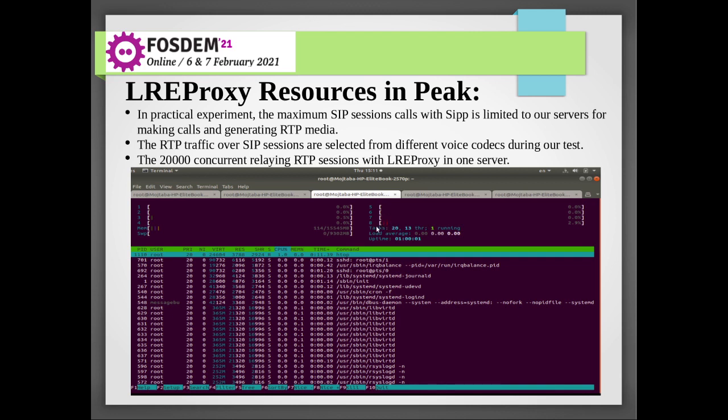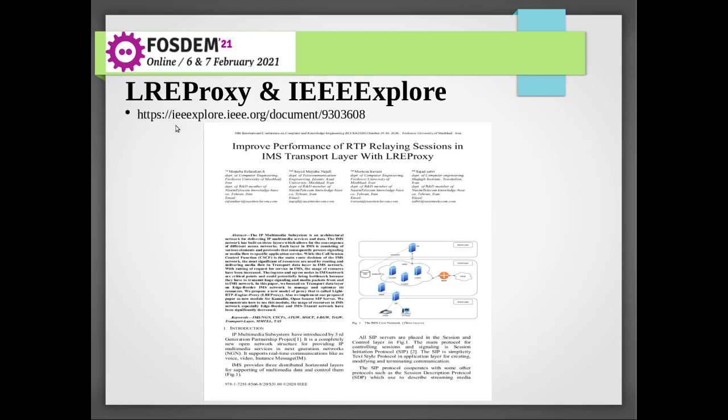The red line indicates the processing is done in the kernel. Just 2 red lines are used for relaying 20,000 concurrent relaying RTP sessions. Yes, it is really so.